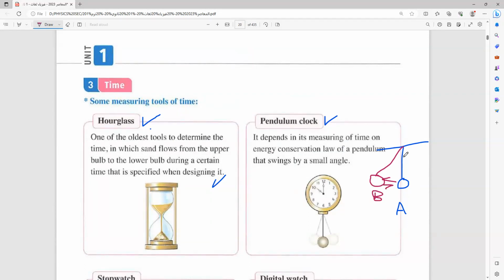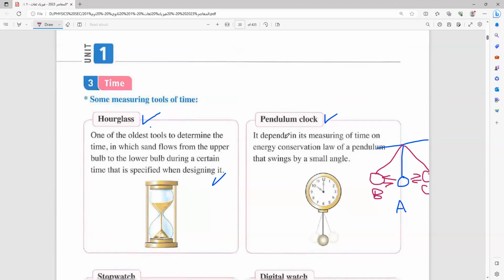The clock pendulum or the whole clock, at this point C, vibrates left and right. It makes vibrations with a small angle to know the time.